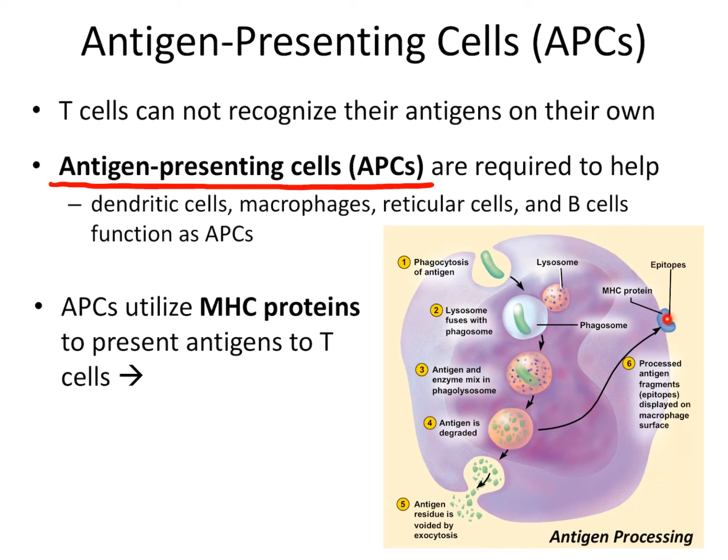It's displayed using a specialized type of protein known as an MHC, or major histocompatibility complex. As you can see in the image, this is really just a cell surface protein that's going to hold on to that epitope and display it on its cell surface. In doing so, this puts it in a format that the T cell is going to be able to recognize.